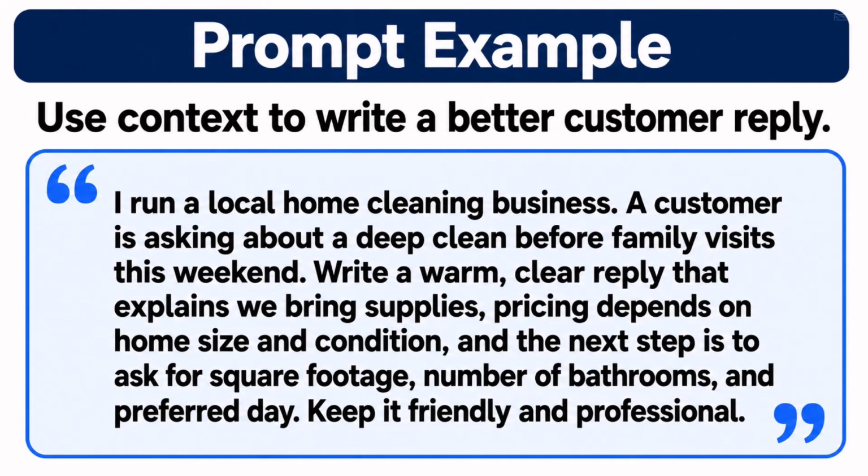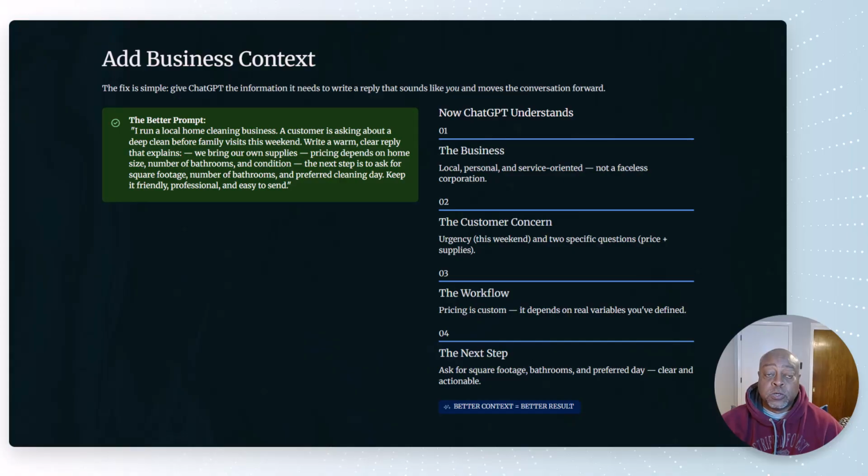The next step is to ask for square footage, number of bathrooms, and preferred cleaning day. Keep it friendly, professional, and easy to send." With this prompt, ChatGPT understands the business, that it's local, the customer concerns, the workflow, and the next step. Now watch what happens when I put this prompt in.